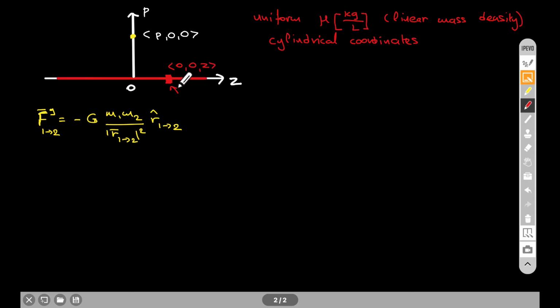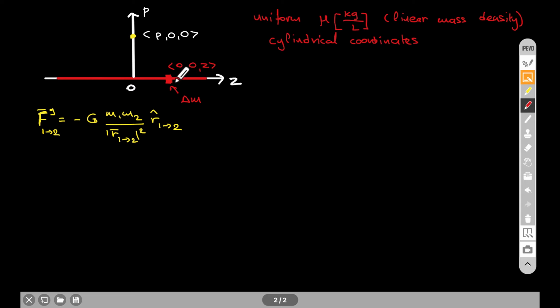If I were saying I'm going to choose my small mass to be located at the origin, the origin is not an arbitrary location. It has to be somewhere that is not a specific point. And 0, 0, z is the position vector of that small mass. I'm going to call it delta m.